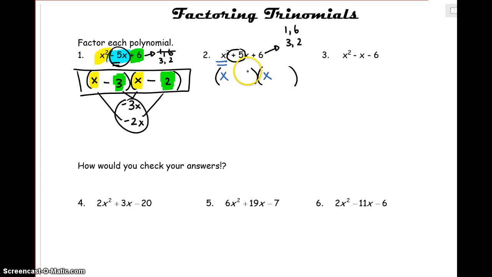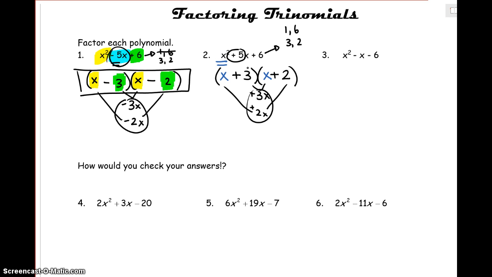So if we have 3 and 2, then this gives us a 3x. This gives us a 2x. And if they're both positive, then we get the +5x we wanted in the middle. And if both of them are positive, we also do 3 times 2 is 6, and we get the +6 at the end.